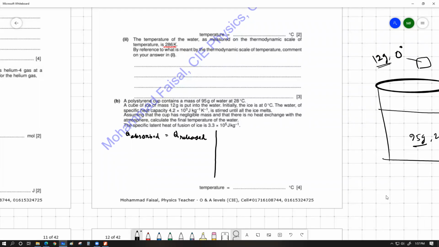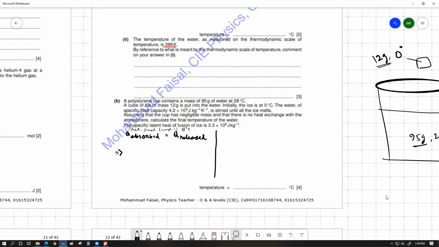I have to write that the unknown temperature is theta Celsius. I should have written this on the top. So let the final temperature be theta degrees Celsius. Then this equation should work.